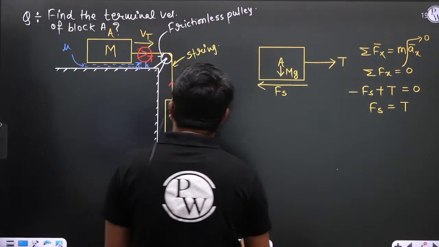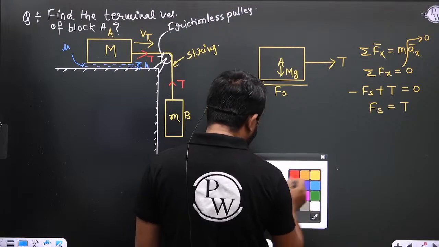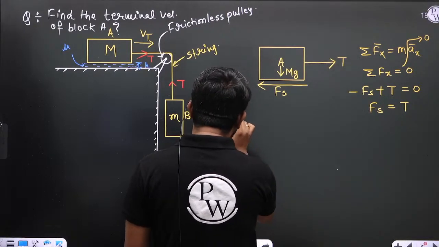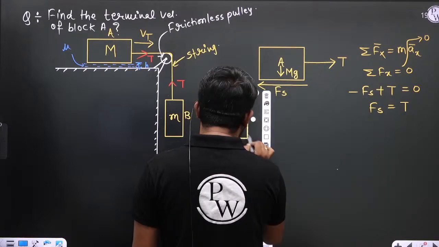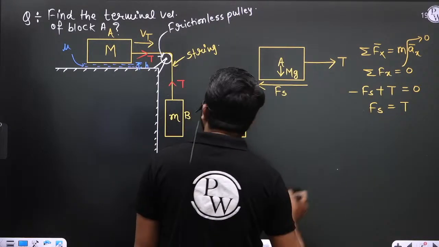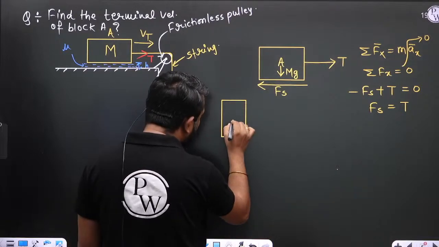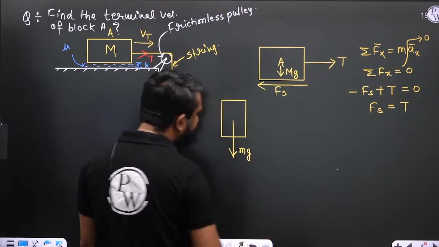Now see, if you draw the free body diagram of block B, this is the block B, and block B has mass small m, so the weight is m multiplied by g.